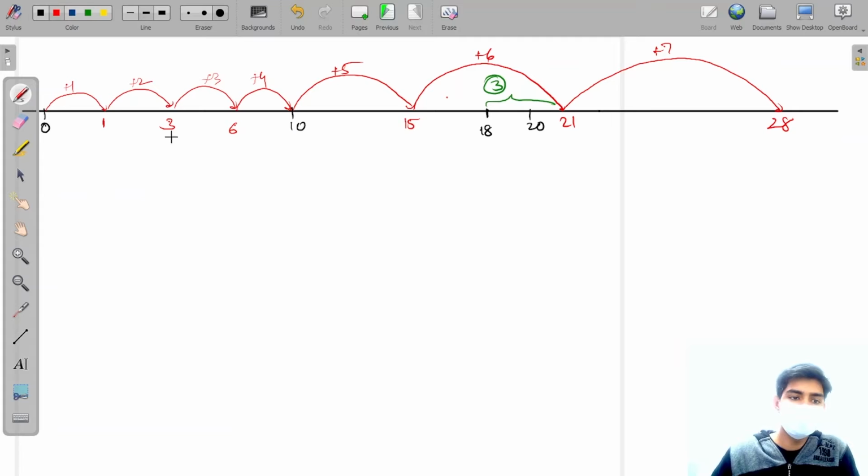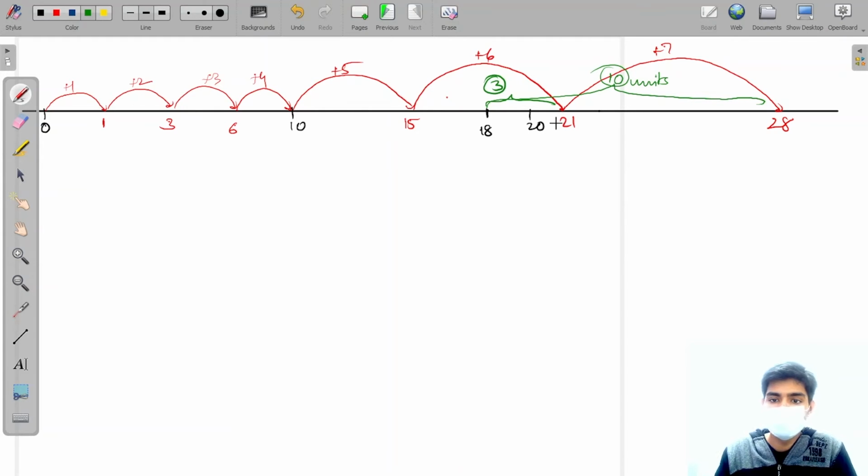When I get to 28, let's look at the distance that I have. My new distance is going to be 3 plus 7, which is 10 units. Now my distance came out to be 10, which is even. So can we do the same thing that we did for the case of even only, which was to reverse the jump of distance by 2 units?